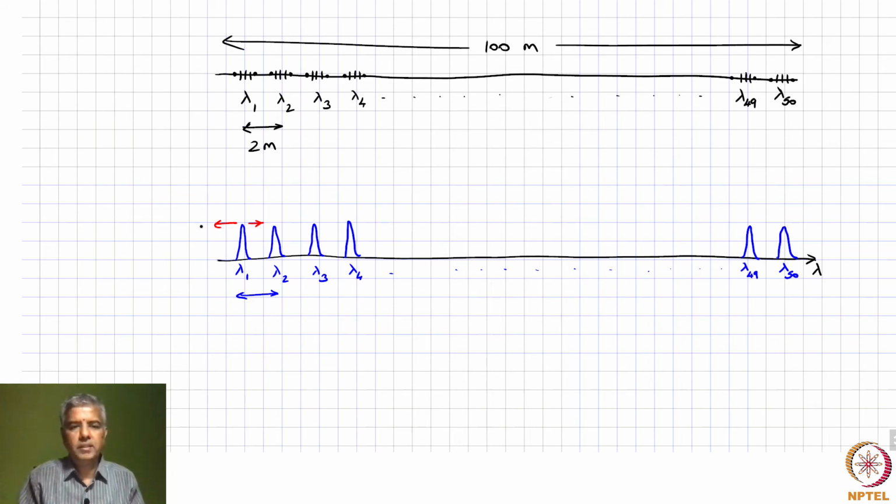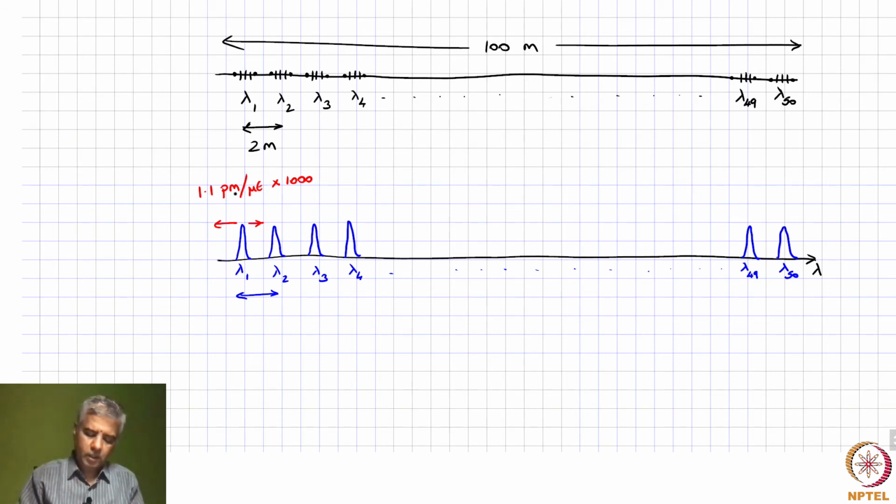We know that these gratings have a typical strain coefficient of 1.1 picometer per microstrain. Sorry, it is not degree centigrade; in this case we are talking about microstrain with respect to strain.